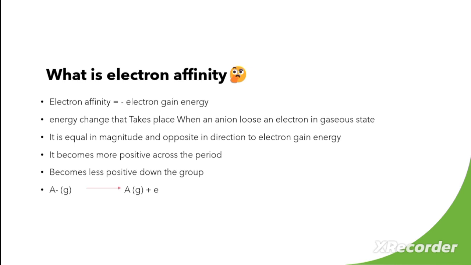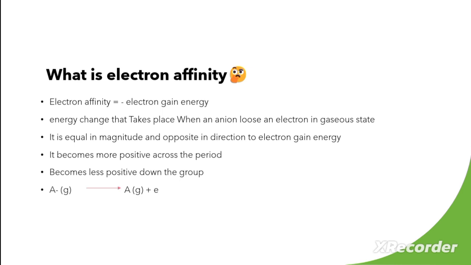The energy change that takes place when an anion loses an electron in the gaseous state, right? So it is equal in magnitude and opposite in direction to the electron gain energy. Electron gain energy is exactly opposite to the electron affinity. Here we learned about a periodic trend regarding electron gain energy. The opposite of that is true for electron affinity.